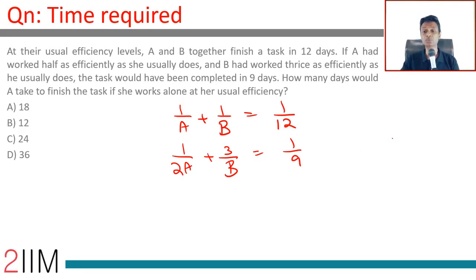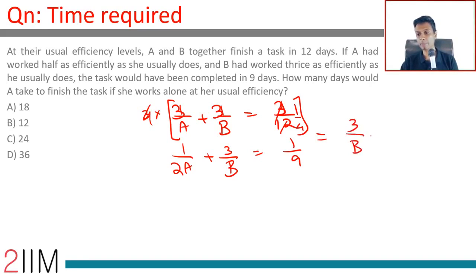Eliminate B, you're through. How do you eliminate B? Multiply this equation by 3. It becomes 3 by A plus 3 by B equals 3 by 12. And then subtract. 3 by 12 is nothing but 1 by 4. We'll get 3 by A minus 1 by 2A is 1 by 4 minus 1 by 9.